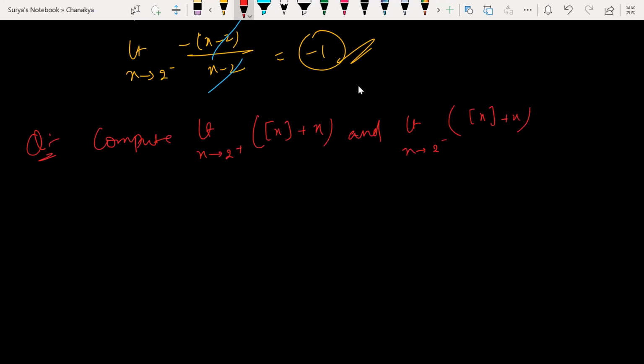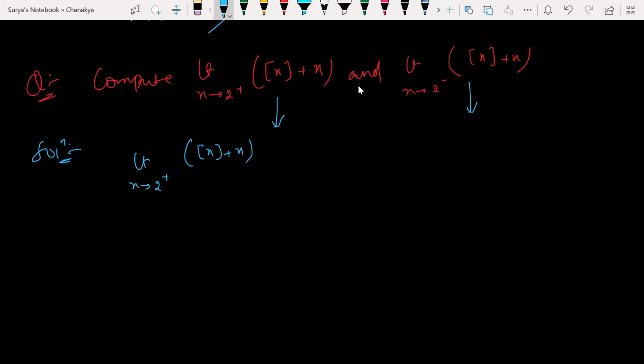So find out this one and this one. We have two questions here. The first question is this one, the second question is this one. You have to find out this. For finding this one, what do you have to do?